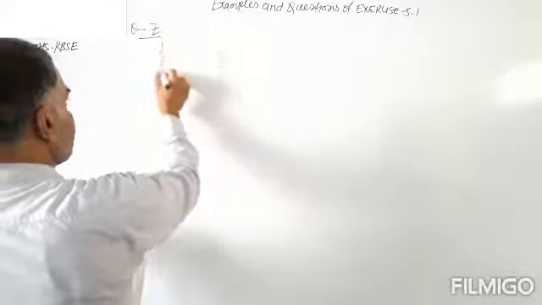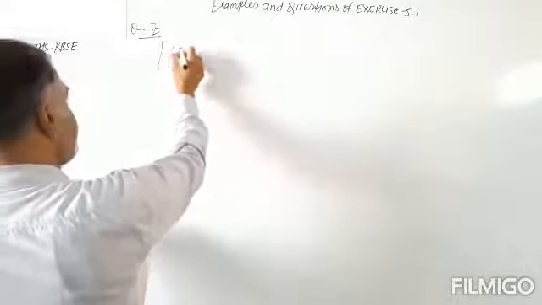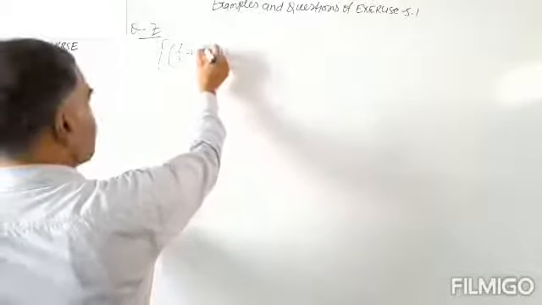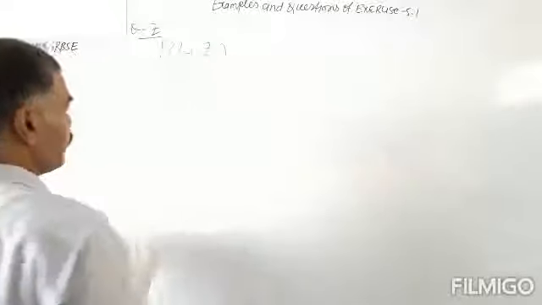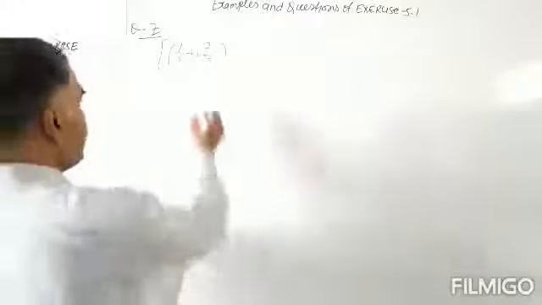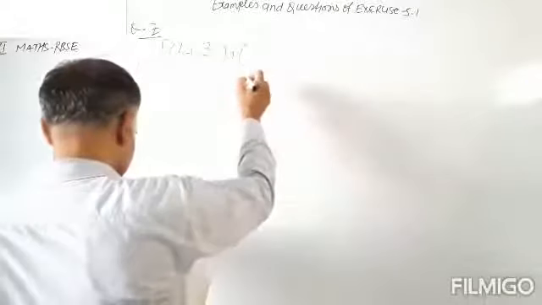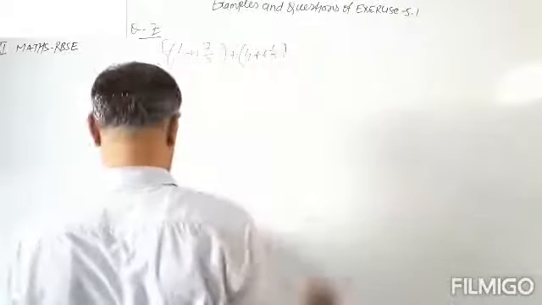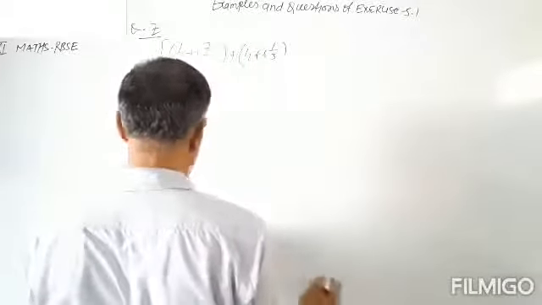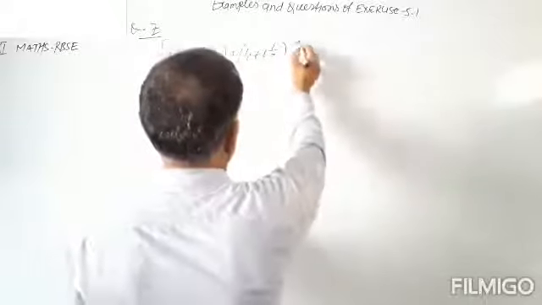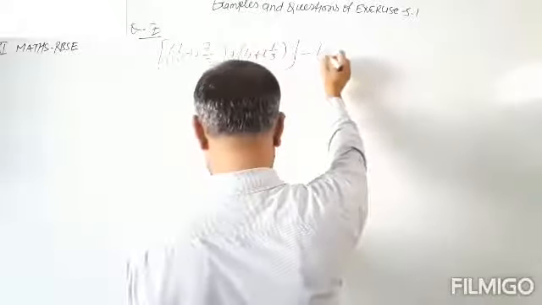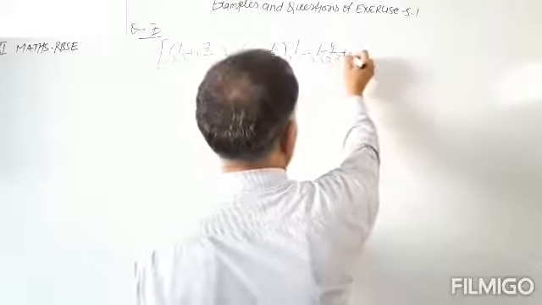Question number 7 is the bracket 1 by 3 plus iota 7 by 3, plus the second complex number 4 plus iota 1 upon 3, all positive till now, plus minus 4 by 3 plus iota.